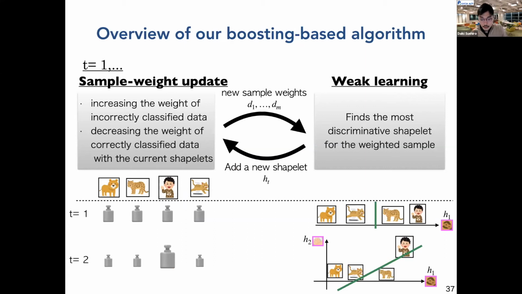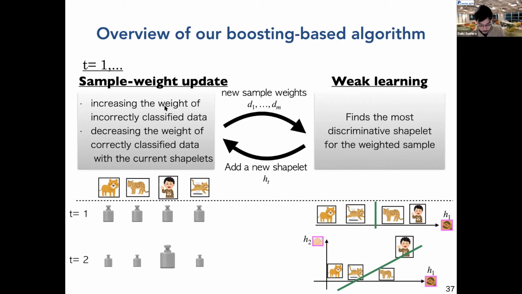And for easy understanding, we show the overview of our learning procedure, which is based on boosting. This is an iteratively update algorithm, and we iteratively update the sample weights and obtain the discriminative shapelet or shapelet-based local features for the sample weights.